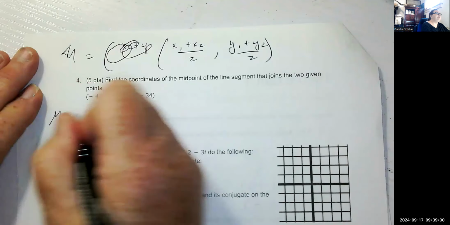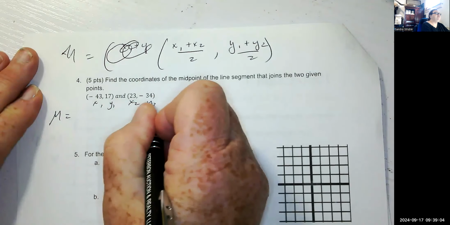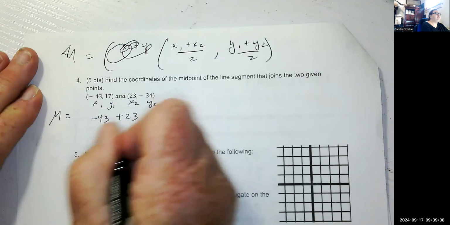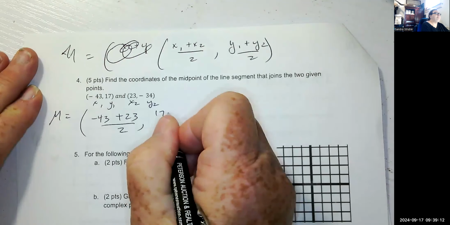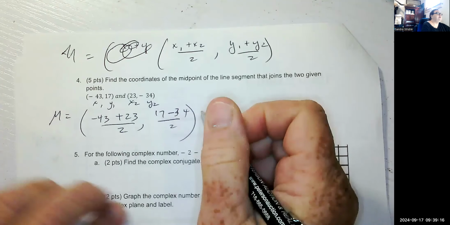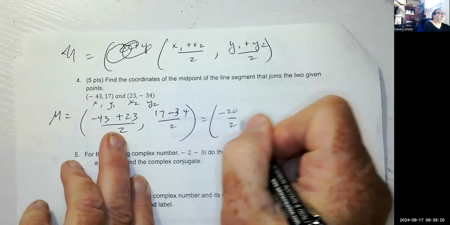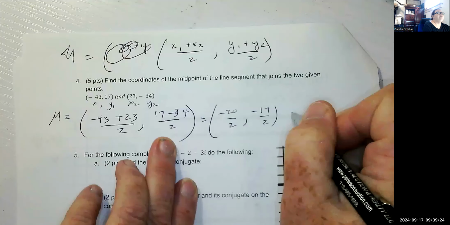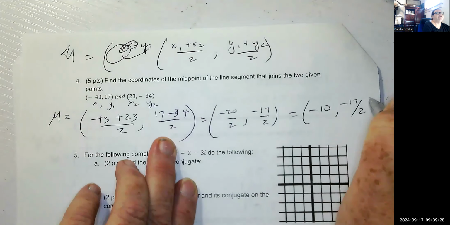So the midpoint is -43 plus 23 over 2, comma, 17 minus 34 over 2. So that is -20 over 2 and -17 over 2. Final answer is (-10, -17/2).